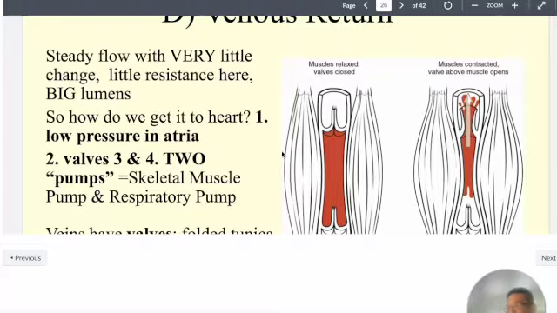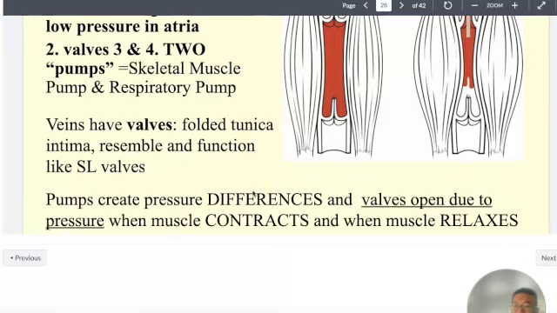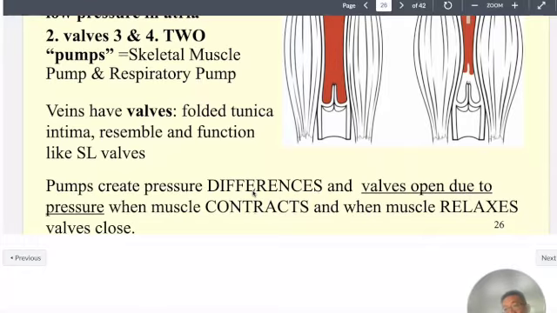So someone standing too long, prolonged standing, a lot of blood will stay here, stagnant, and it will cause the valve to get bigger because there's a lot of blood. Later on, it will cause something like a varicose vein. Those little bumps are actually these valves stretched.